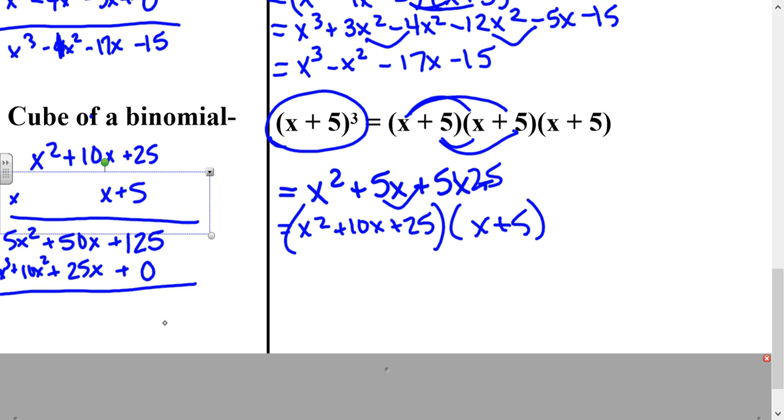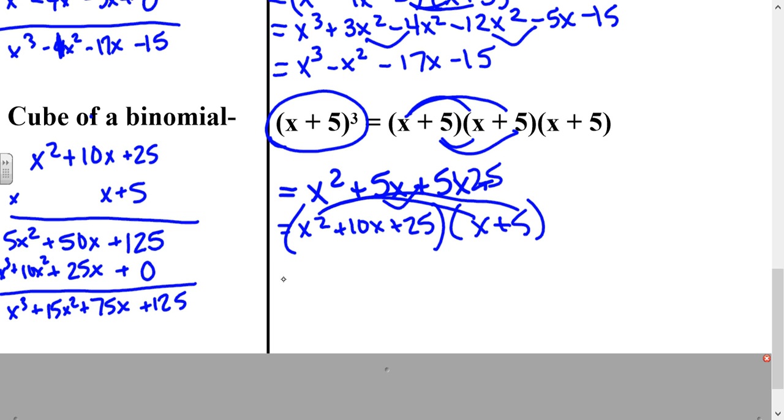Then I add together, so I get 125. And then I have 75x. And then 15x squared. And then x cubed. Let's see if I get the same answer this way. So x squared times all the numbers. So x squared times x equals x cubed. x squared times 5 would be 5x squared. Then 10x times both numbers.